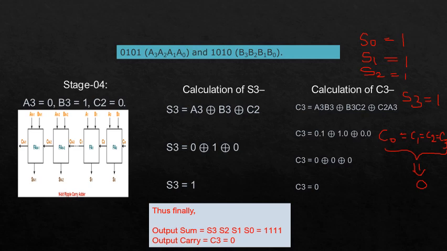So the output sum is 1 1 1 1 and the carry C3 is equal to 0, right?